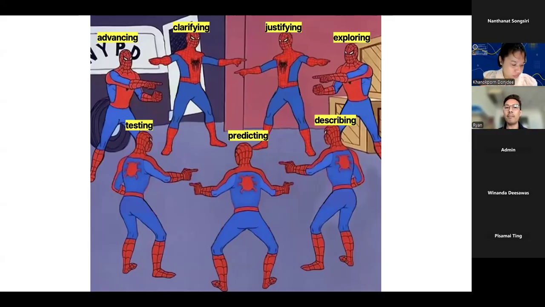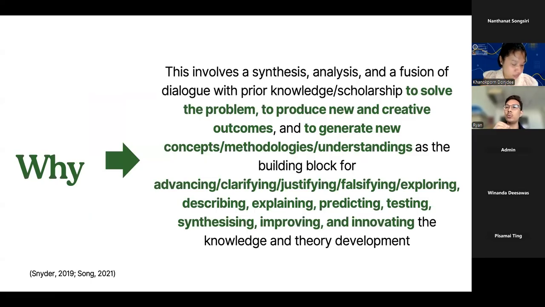What you need to understand is that research is to solve problems, to produce new or creative outcomes, and to generate new concepts, methodologies, and understanding as the building block, the baseline, the principle, the fundamental of knowledge, in order to advance, clarify, and so forth, the knowledge and theory developments.